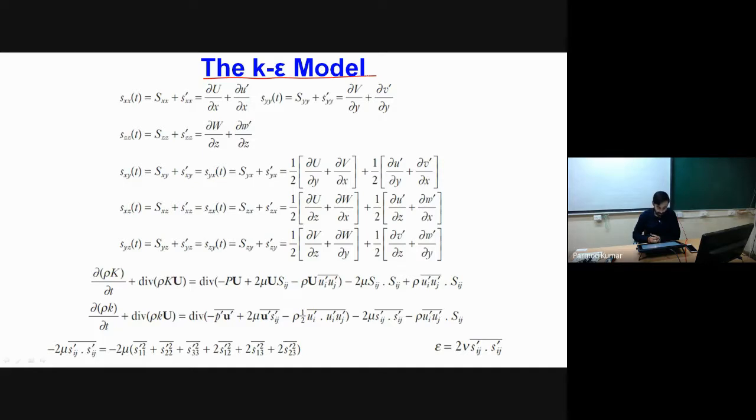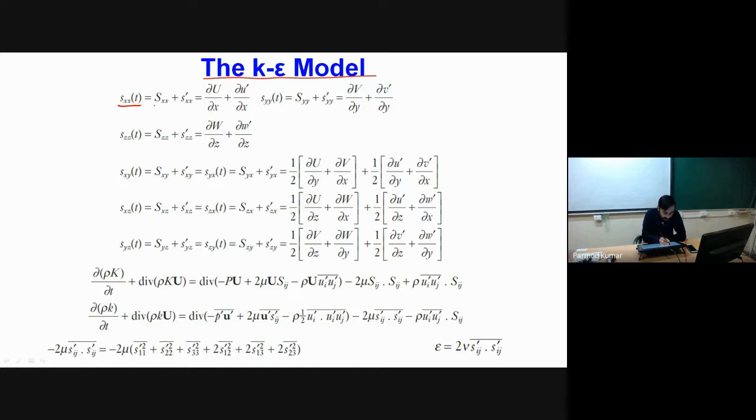Now, what we have to do first is derive the governing equations for K and epsilon. Before that, we want to understand a little bit about the strain and stress tensors associated with our governing equation. Consider the strain Sxx, which is the normal strain in x direction.